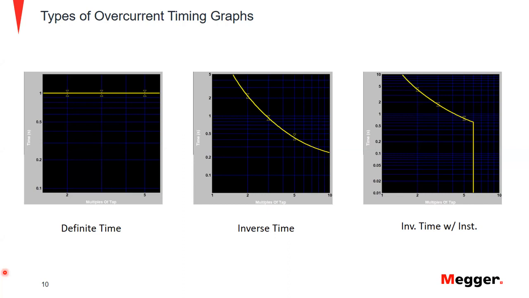It doesn't matter what the current level gets to, the time that it's going to trip will be the same. The inverse time idea is that it will operate in a time that is inversely proportional to the fault current. So the advantage is that as the current magnitude increases, the time in which the relay will operate will decrease. We'll step through the inverse time characteristic a little bit more later on, and we'll really dial in to how we can pick our points over different current multiples.